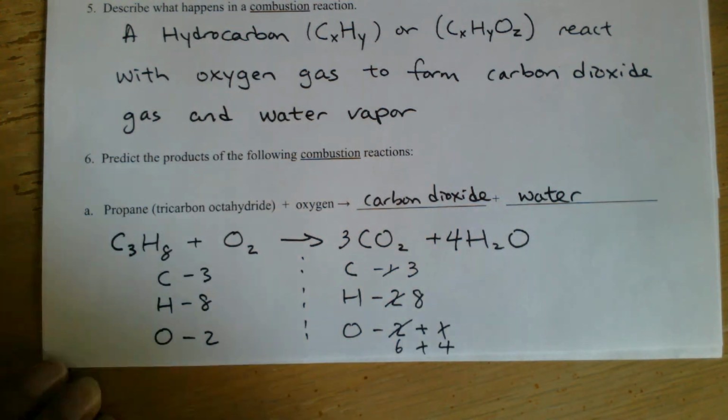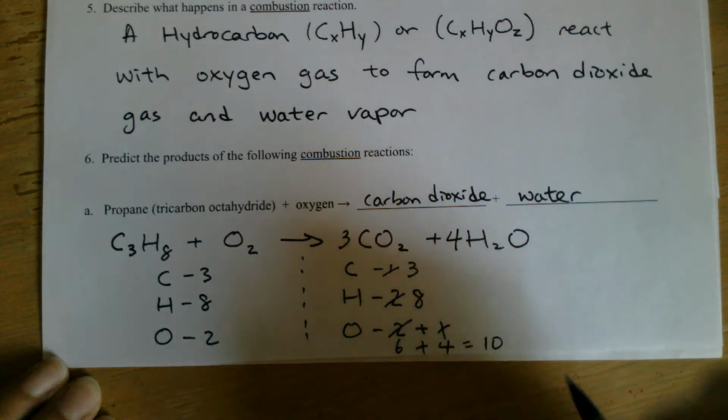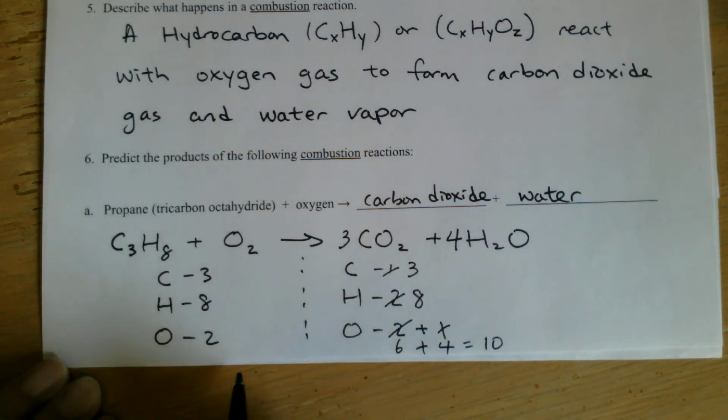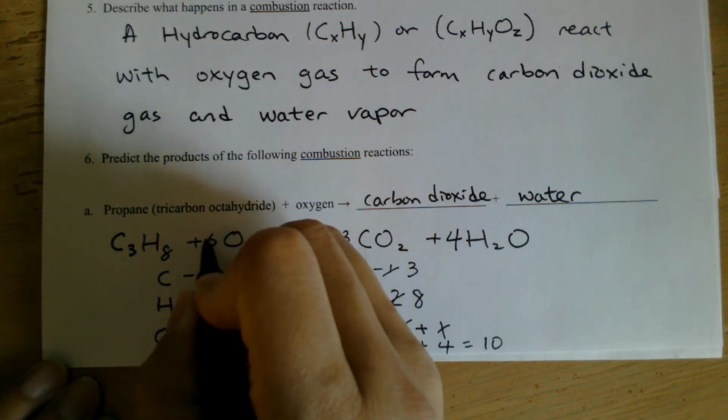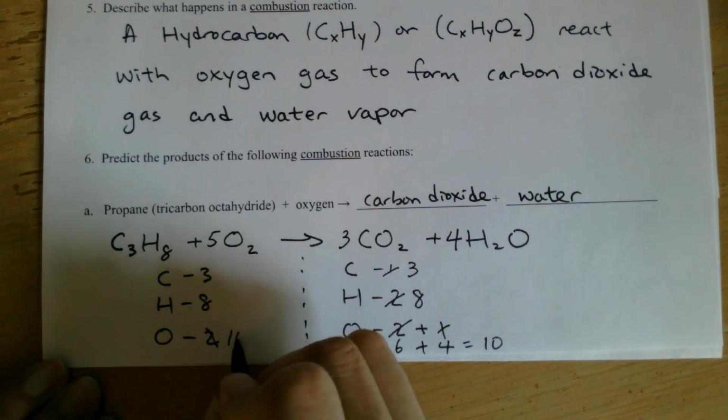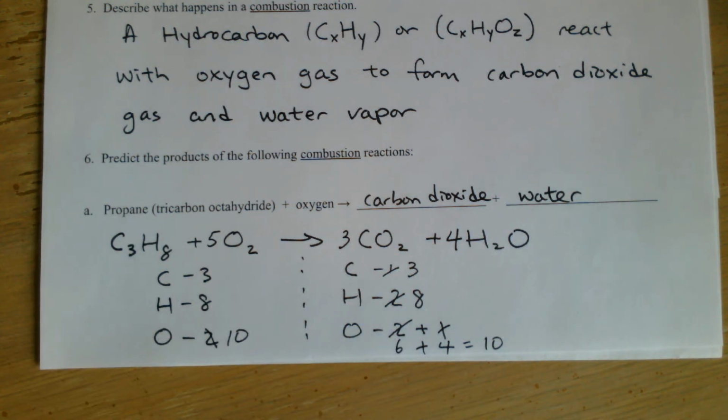And that will give us a total of 10 oxygens, which means when we come back to balance our number of oxygen, we need to multiply our left side by 5. So we're going to multiply O2 by 5, and that will give us 10 oxygens. And that is balanced.